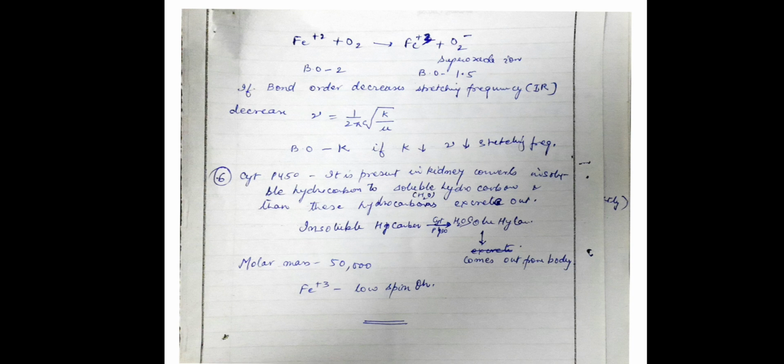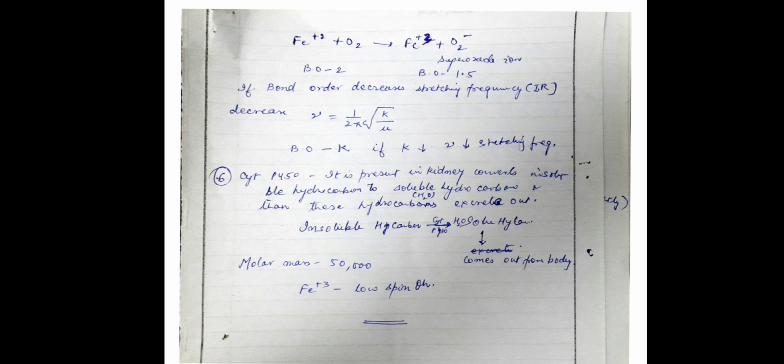Cytochrome P450 is present in the kidney and converts insoluble hydrocarbons to soluble hydrocarbons, which dissolve in water and are excreted out from the body.